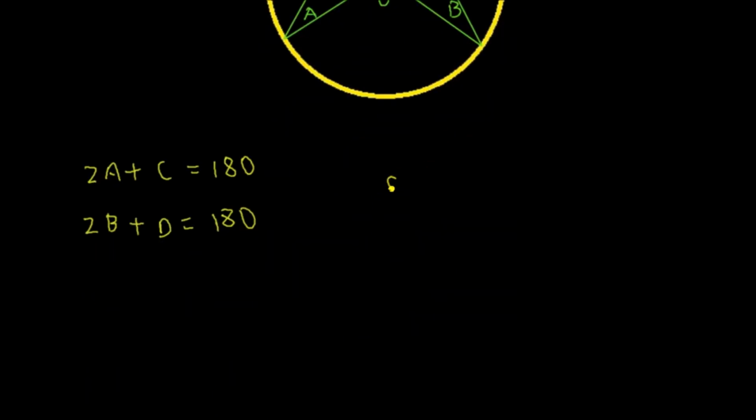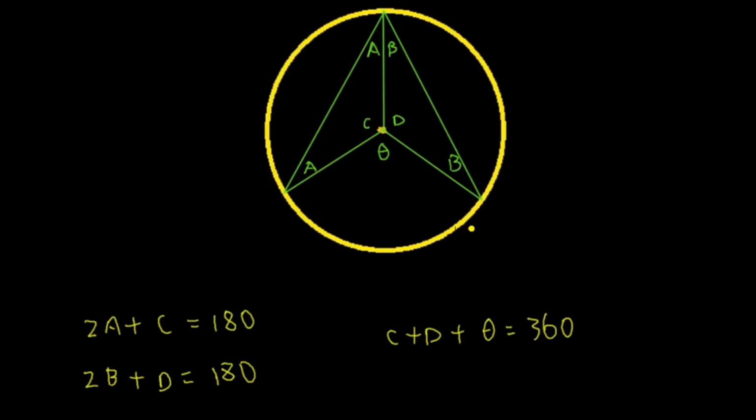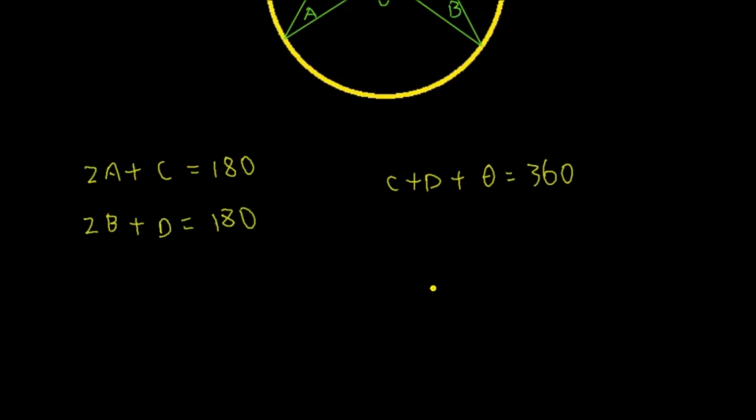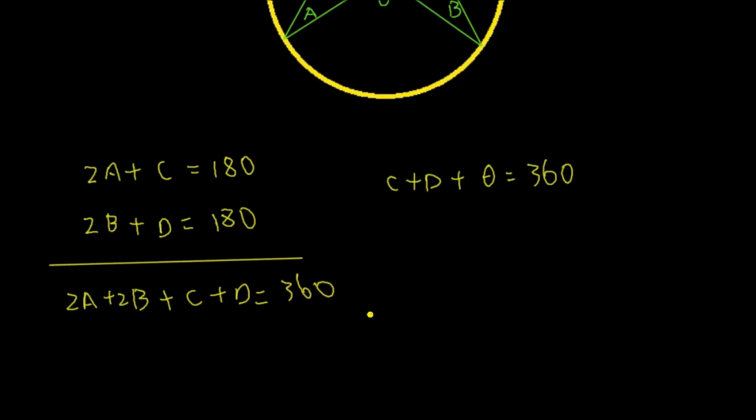Okay, so let's add these two equations up here. So 2A plus 2B plus C plus D equals, on this side, 180 plus 180, which is 360.